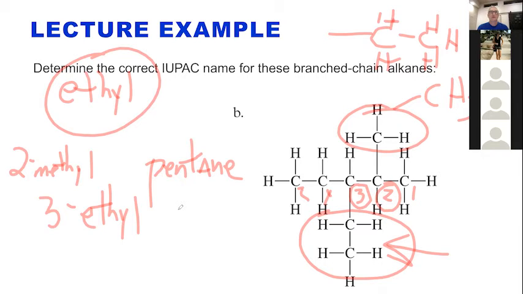Different oil companies would brag about how many ethyl substitutions on their octane there were, because it burned better. So they'd say, fill it up with ethyl. So here we have 2 methyl, 3 ethyl, pentane. Excellent.